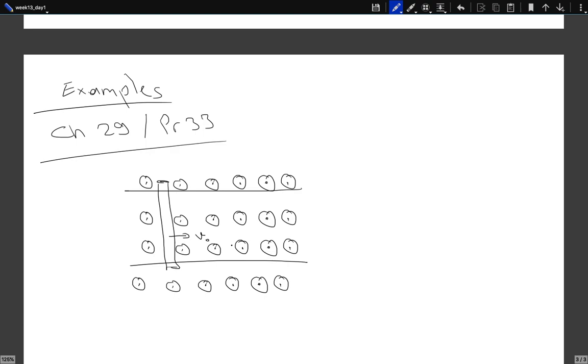What happens to the potential difference? Well, the positive nuclei in a metal are not moving anywhere. Do the charges go up or down?